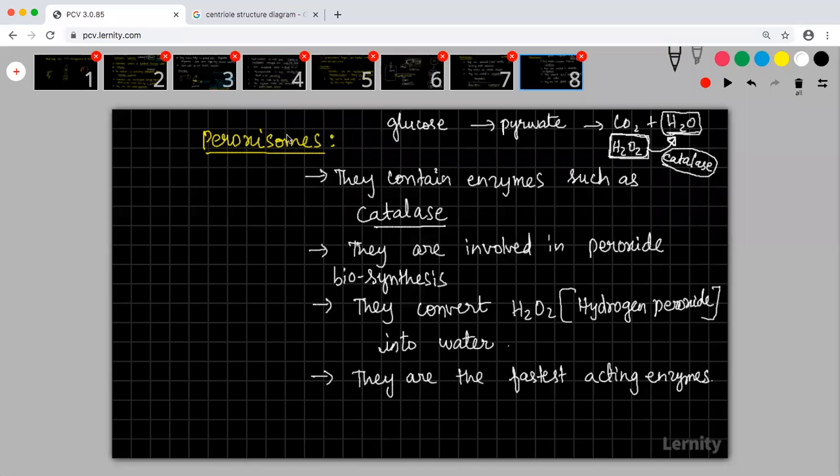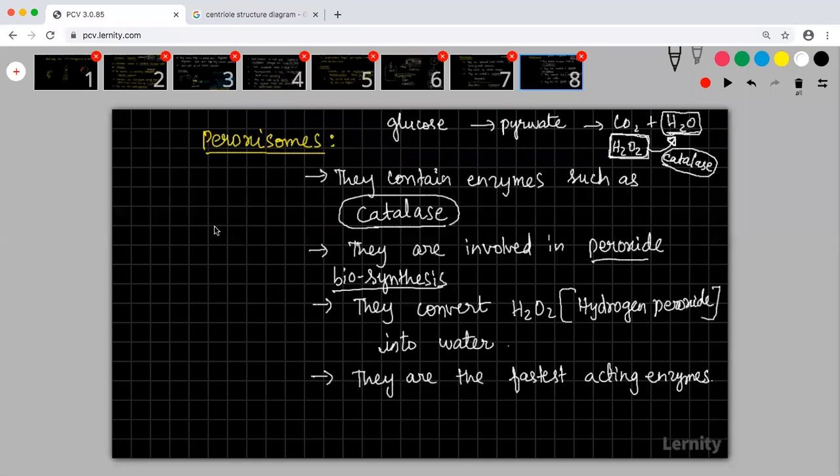It splits the hydrogen peroxide into water and oxygen free radicals, and this chemical reaction happens. Since it has catalase and is involved in peroxide biosynthesis, we call them peroxisomes.